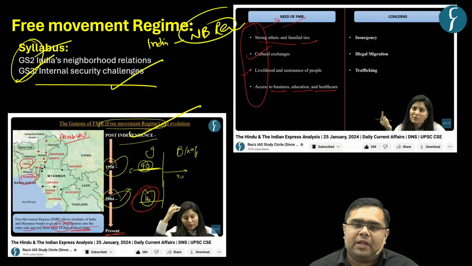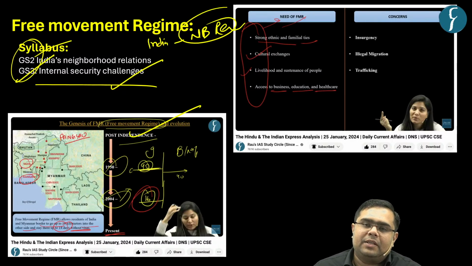Now over the period, because of influence of left wing extremism in that region, it has led to various issues such as narcotic activities, smuggling, transboundary terrorism, and so on and forth. And then because Myanmar in the recent past has been suffering from issues like Rohingya crisis, so on and forth.